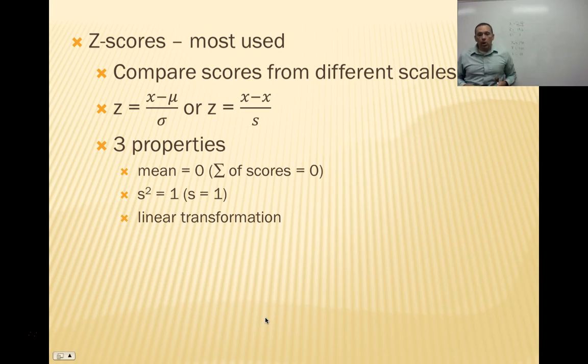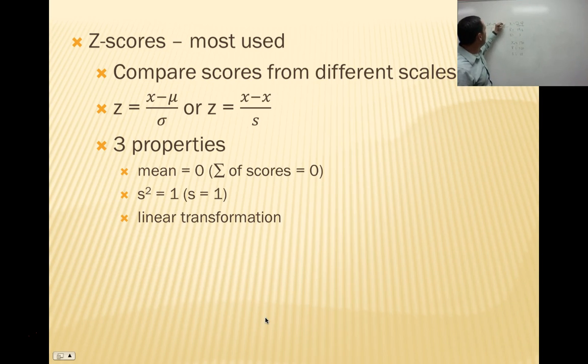We're going to have to transform these data in some way to make them meaningful. We can do this through what we call the z-score transformation. Let's work through this formula real quickly. I take the x, which is 24, minus the mean, which is 19.6, and divide that by the standard deviation, which is 3. What's 24 minus 19.6?